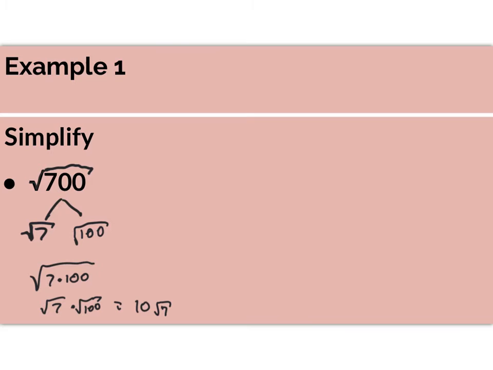This is how we simplify a square root. You look for perfect square factors, and factors are numbers that multiply. If it's a perfect square, we take it out and put it on the outside, but it still multiplies with the non-perfect number. So 10 times the square root of 7, or 10 root 7, as people say.